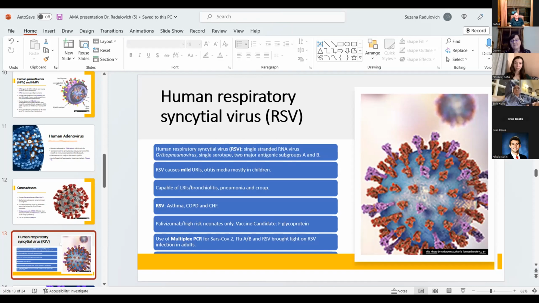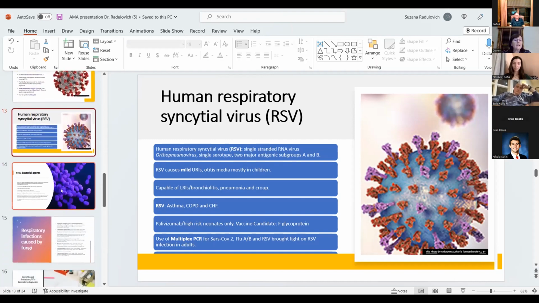Interestingly, when they sequenced RSV isolates from the past 10 years, they saw that the virus didn't change. It's still the same as it was 10 years ago. So it wasn't increased infectivity. We just did not test adults for RSV infection in the primary care setting. So that's kind of interesting.